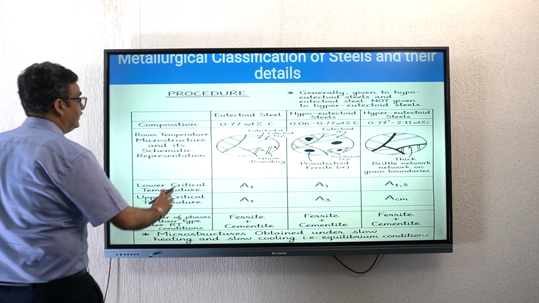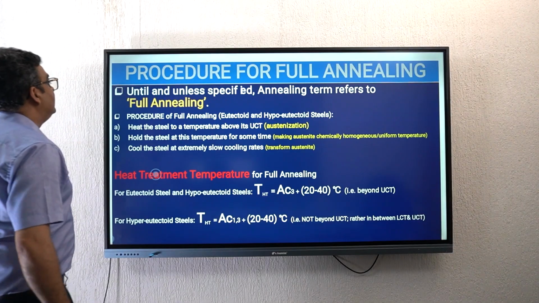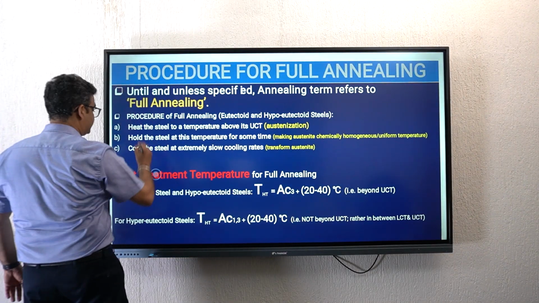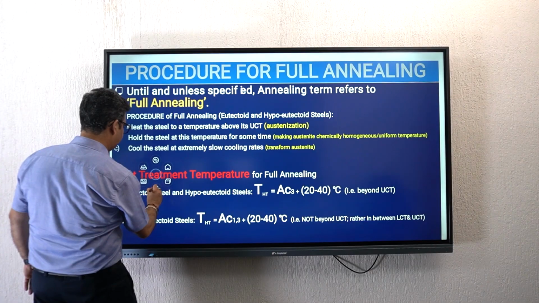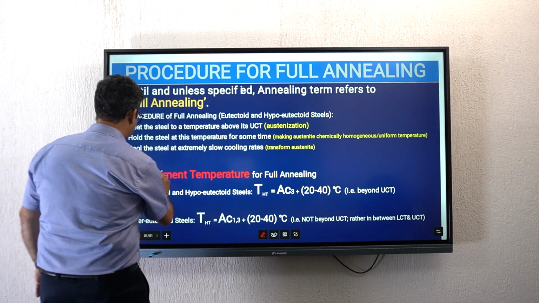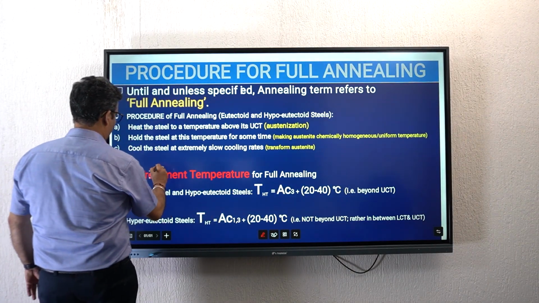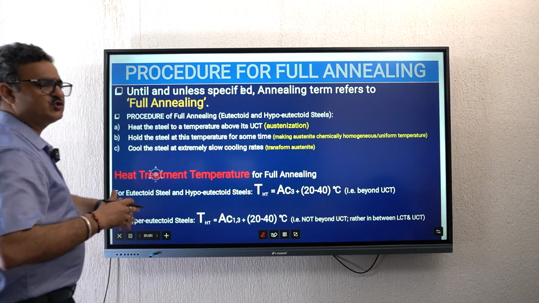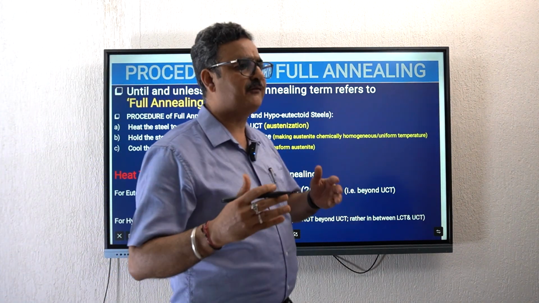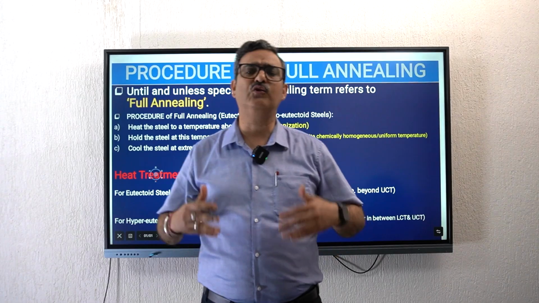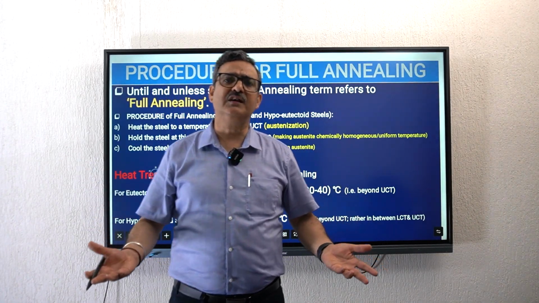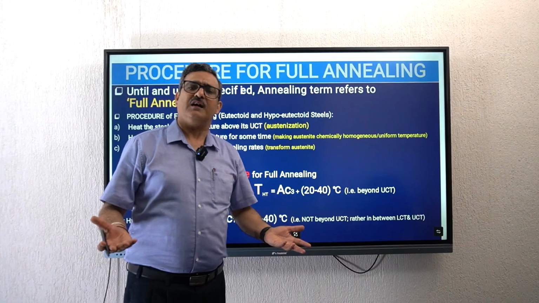So let's move to what full annealing is and what the procedure is. See students, there are many different types of annealing. We have full annealing, spheroidization annealing, homogenization annealing, isothermal annealing, stress relieving annealing, and black box annealing.